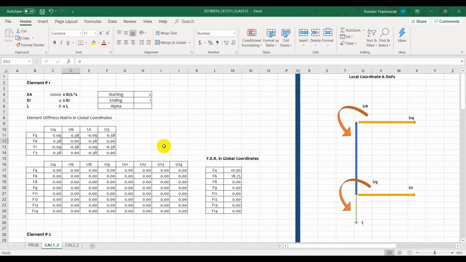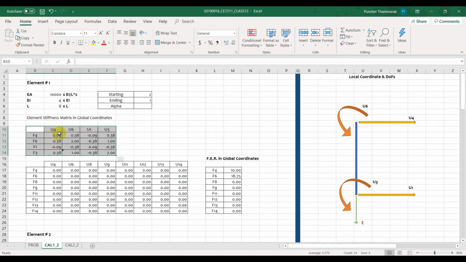Okay, and here is 4 times EI over L. This is 2 times EI over L. This is 2EI over L, and this is 4EI over L. Okay, and then we'll be migrating all of these into the matrix, a matrix of which the size is exactly the same as the system matrix.